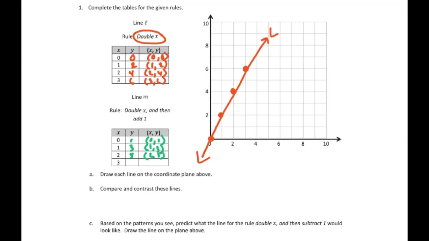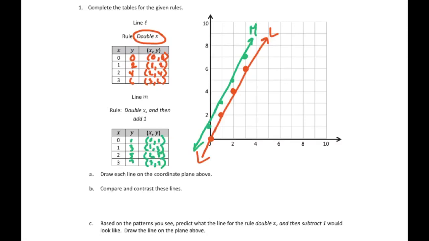And 3 times 2 is 6 plus 1 is 7. So notice that we had 2 operations, and now my line will not start at the origin. So I start at 0, 1; 1, 3; 2, 5; and 3, 7. And I will label. Good.